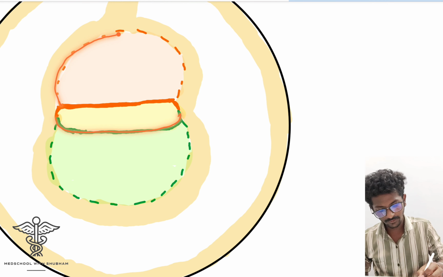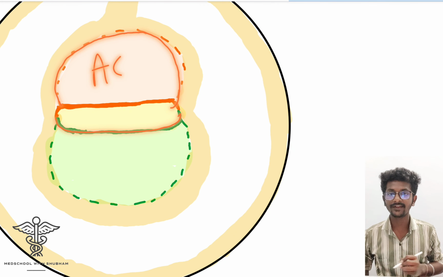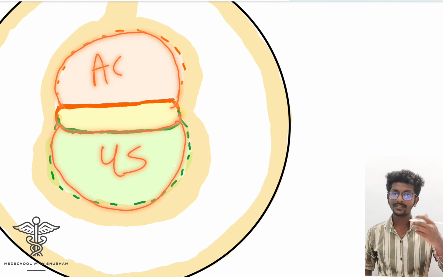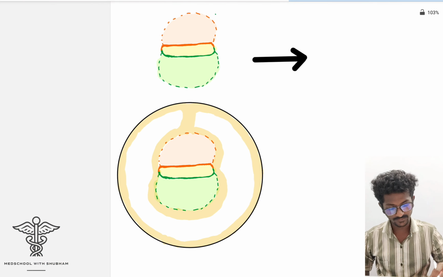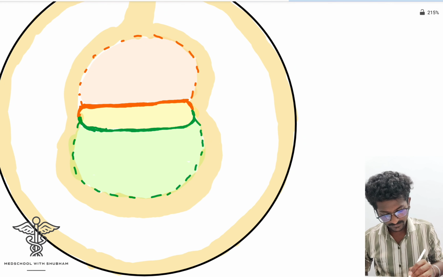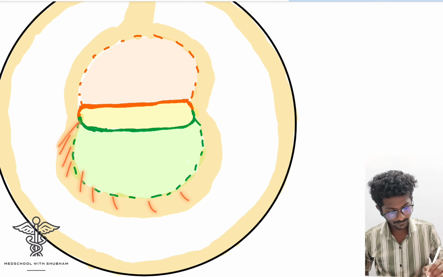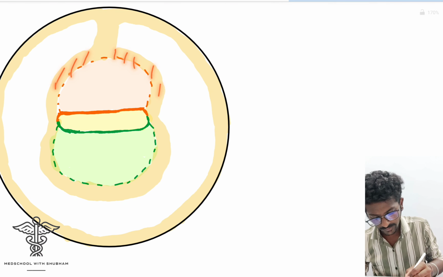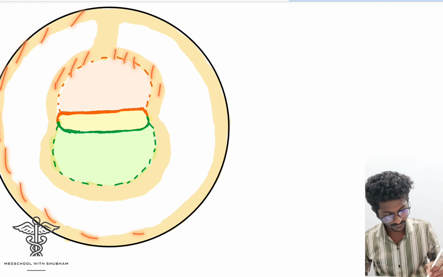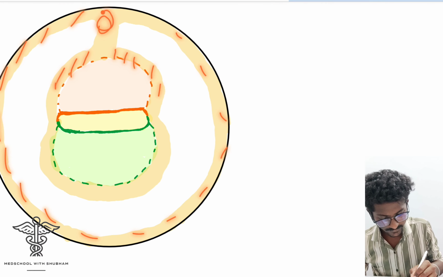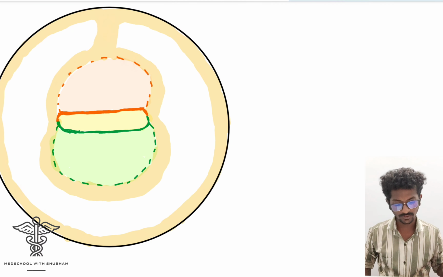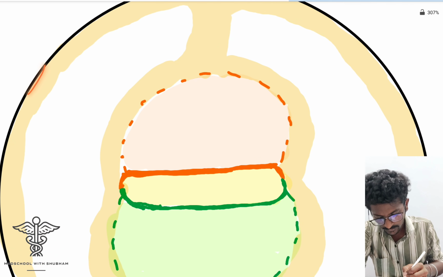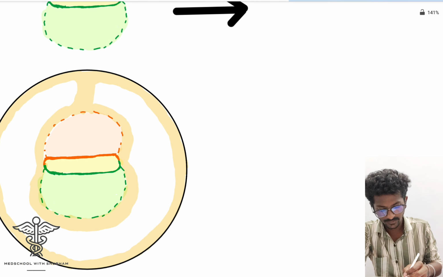Above you have the amniogenic cells, and this is the amniotic cavity, the Usher's membrane, and you have the yolk sac, primary, secondary yolk sac. Then you have the splanchnopleuric extraembryonic mesoderm, the somatopleuric extraembryonic mesoderm, and this is the undifferentiated extraembryonic mesoderm.